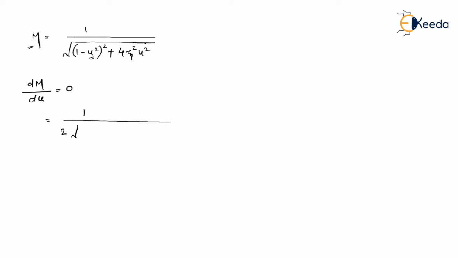So root of x, let me write it again as it is, which is (1 minus u square) the whole square plus 4 zeta square u square, and again we'll have to take a derivative of x with respect to u. So what is the derivative of x then? I'll go step by step, no need to worry.